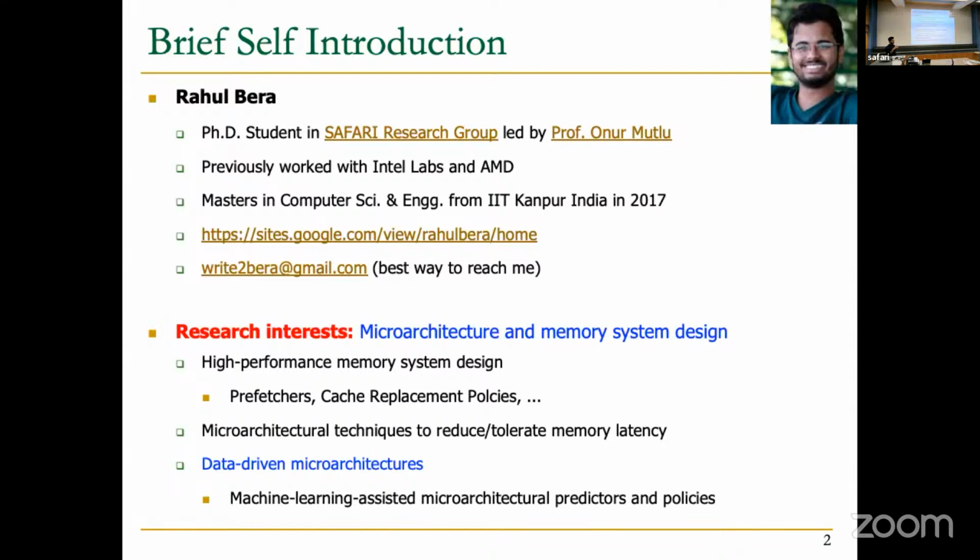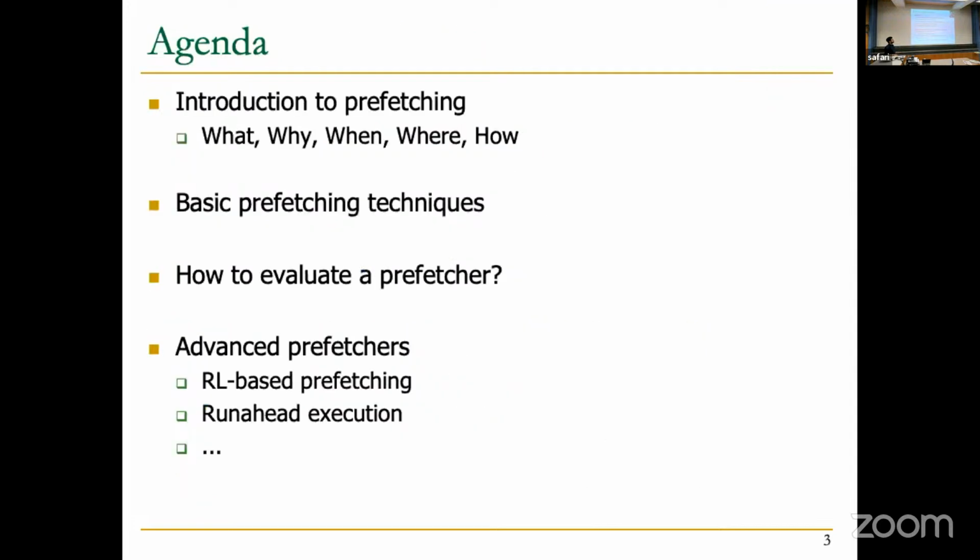Essentially, architectures that are self-learning from the data that they are generating themselves. Machine learning assisted microarchitectural policies and predictors: how we can improve performance and push the envelope using machine learning techniques in the architecture itself. Okay.